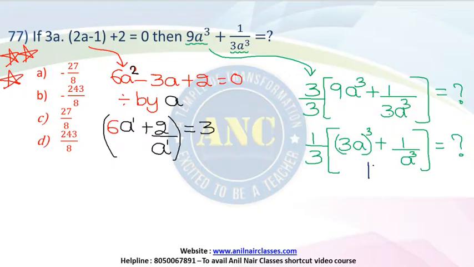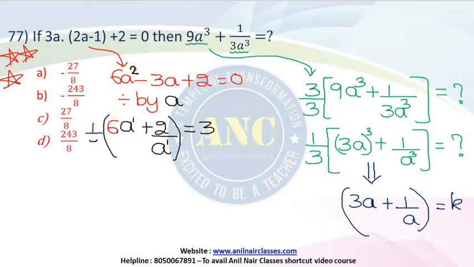To find this value, I want to get the 3a plus 1 by a value. If I have 3a plus 1 by a as some constant k, then finding out 3a whole cube plus 1 by a whole cube is never a difficult task. But the coefficient of a should be 3. But here the coefficient of a is 6. 6 should become 3.